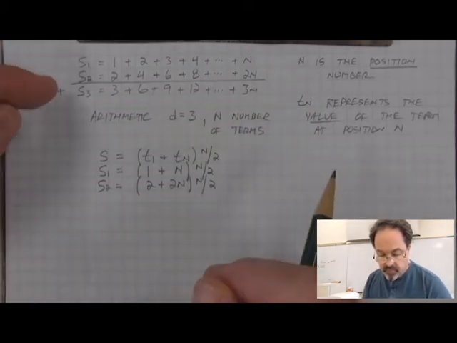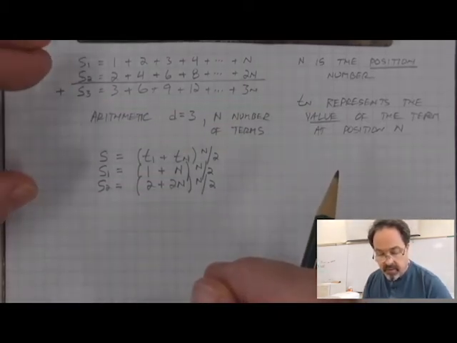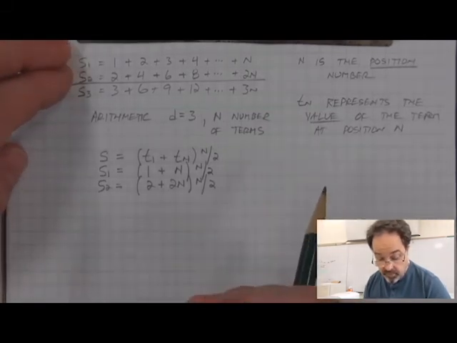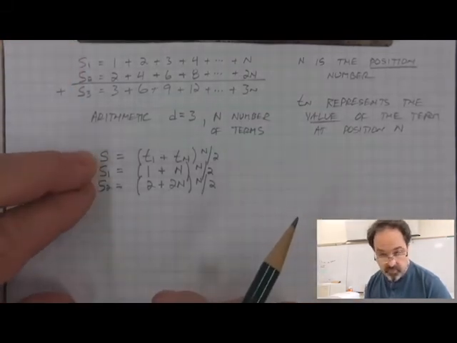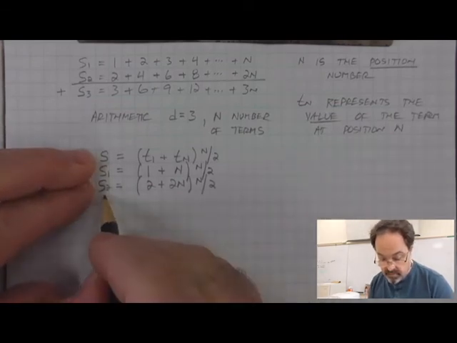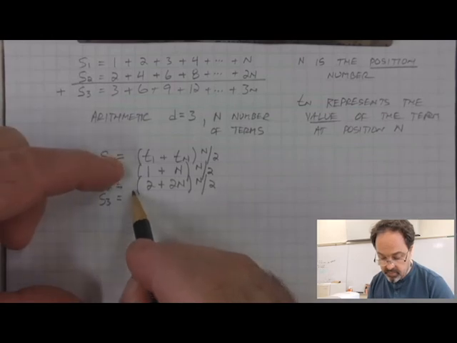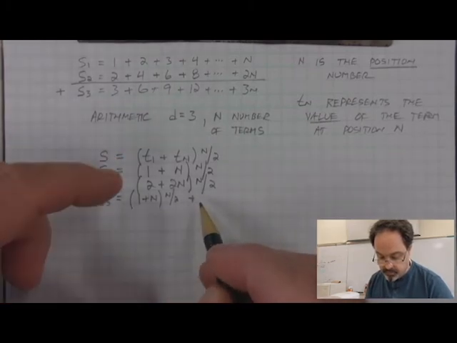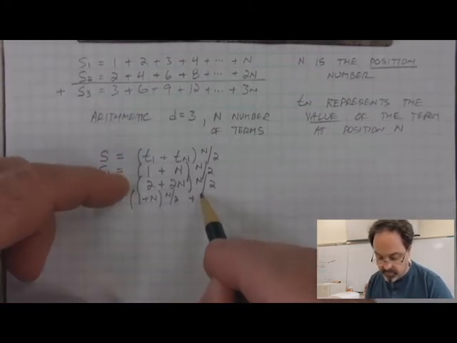And if we produce the third series by adding the first two, and the sums of the first two are given by these two expressions, then S sub 3 can be shown as the expression for the sum of the first plus the expression for the sum of the second.